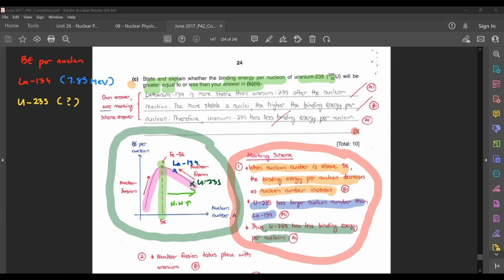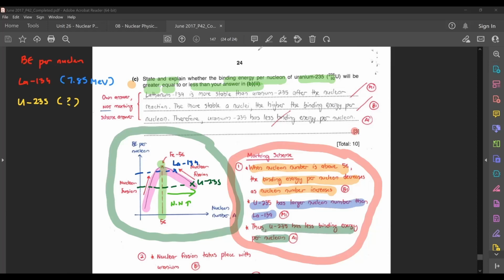Uranium-235 having a larger nucleon number than lanthanum-139 corresponds to uranium-235 having a lower binding energy per nucleon compared to lanthanum. So this answer only makes sense if you relate it to your binding energy curve. That's the answer from the marking scheme. Now there's another answer that I use, the one that I wrote in pencil here.